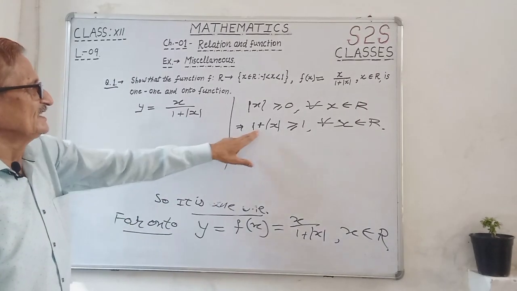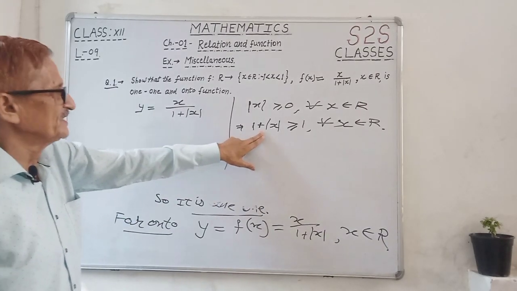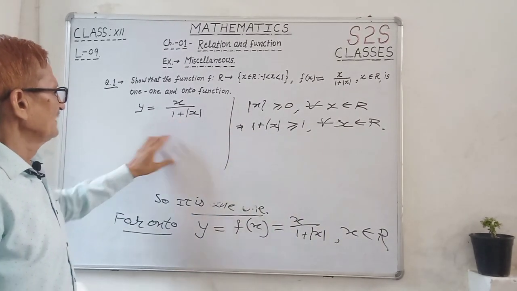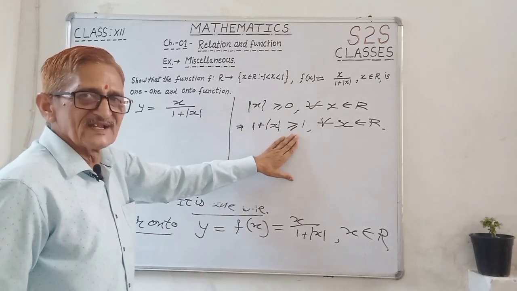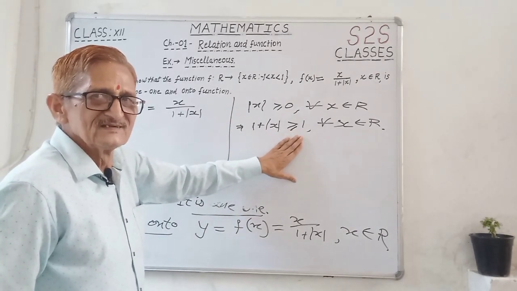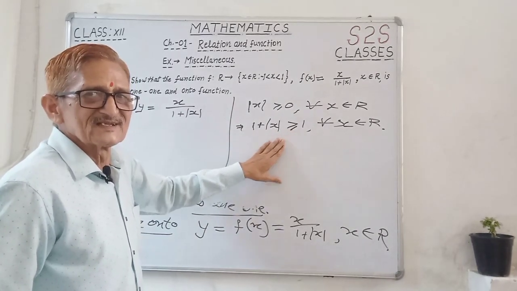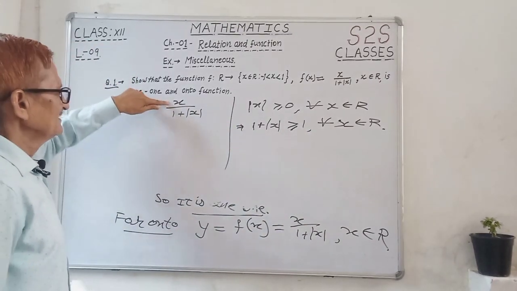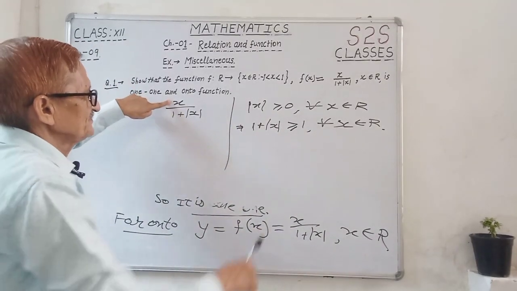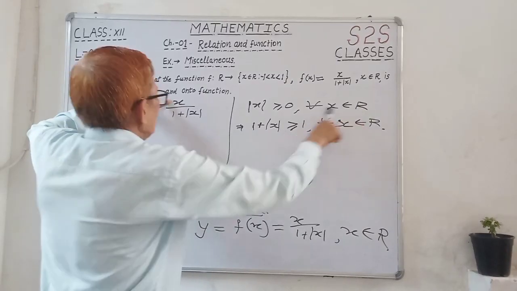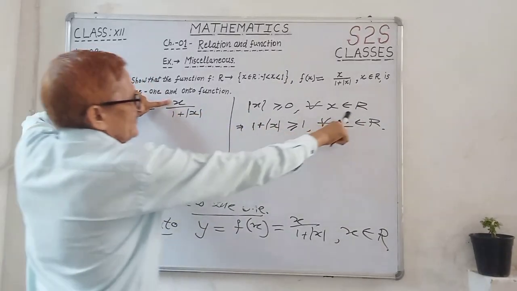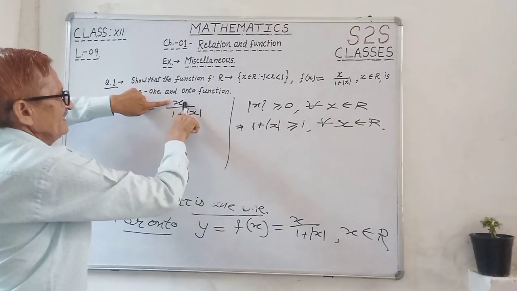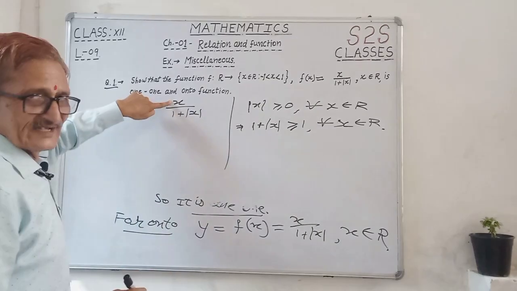After that, you will see the denominator is greater than or equal to 1. But for the numerator x, if the real number is positive, then it is positive; if the real number is negative, then it is negative.